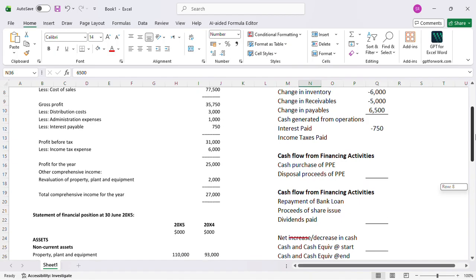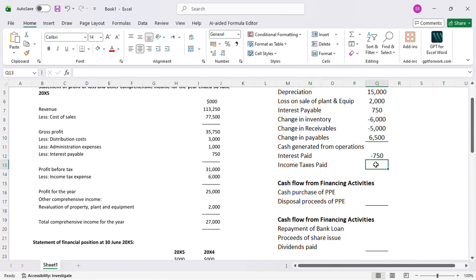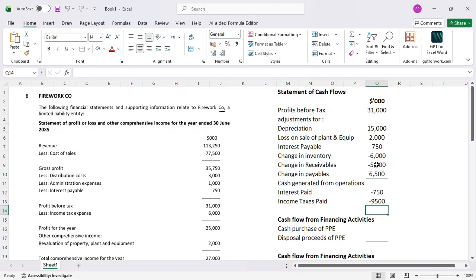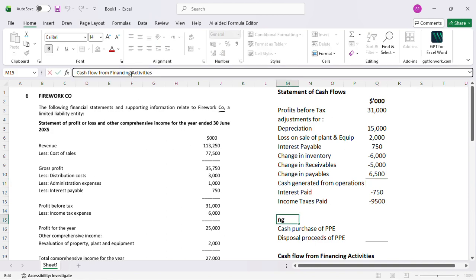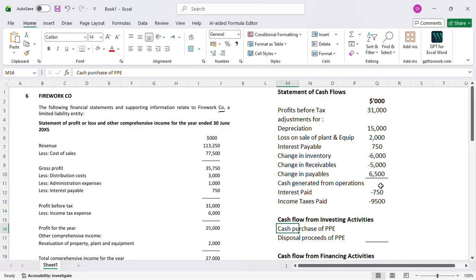And that figure, income taxes, negative 9,500, will go here. Now let's have a subtotal and then we continue looking at investing activities. I got carried away there. And then financing activities.